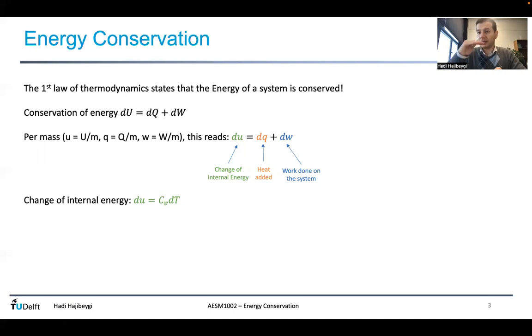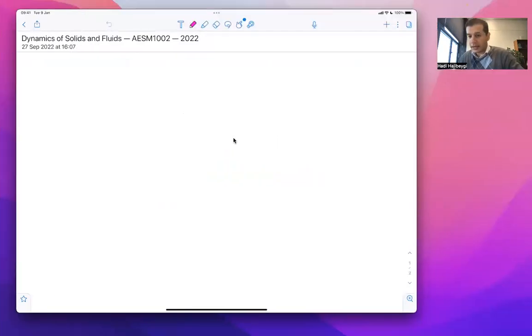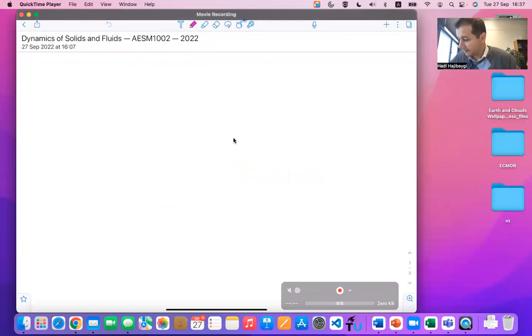If it changes its volume, then there is work performed by the system. And the work performed on the system would be the negative of the same amount of work. So let me go to my board and explain it in this way.